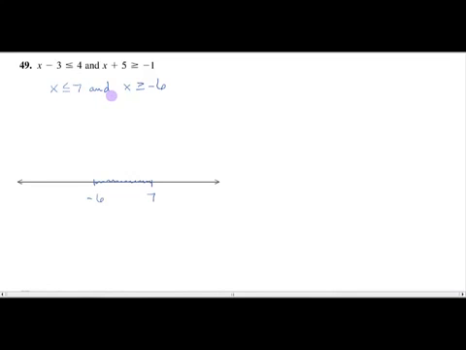So I know already with an AND they have to both be true. I already have one false, so I'm not going to shade that interval. With my endpoints, both are included, so they get square brackets. My interval notation is negative 6 with a square bracket to 7 with a square bracket.